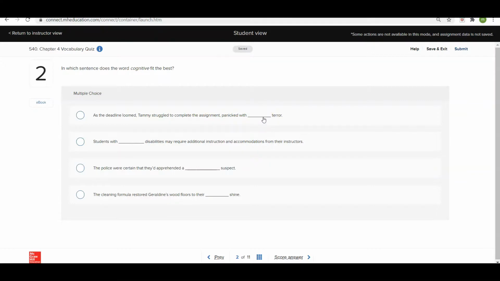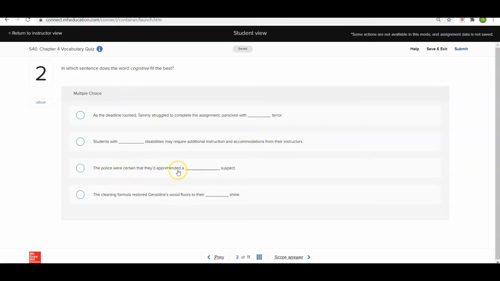Terror having to do something with knowledge? All right, maybe. Students with cognitive disabilities may require additional instruction. That's the one. Disabilities involving cognition or cognitive things. It would also be termed learning disabilities, right? Because cognitive has to do with knowledge or learning. I think that's the answer.